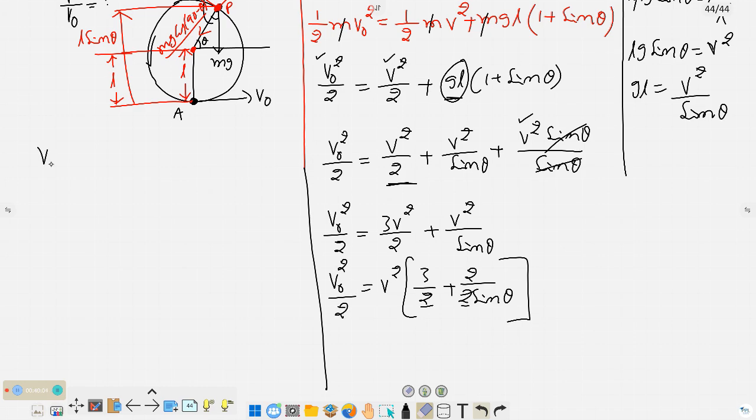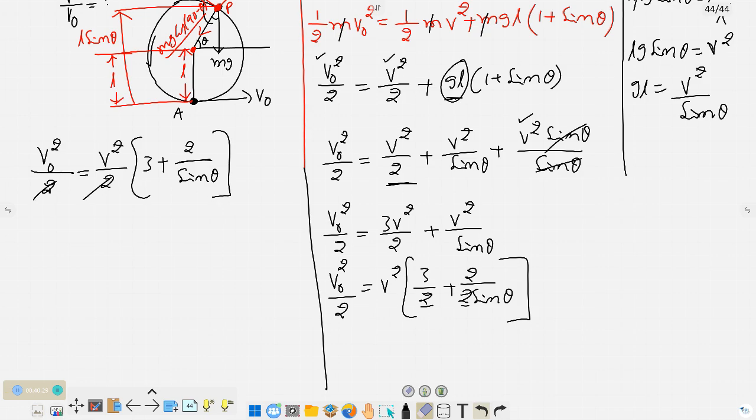I can write V naught square by 2 is equal to V square by 2, taking 2 common, and in the bracket I can write 3 plus, sorry, not 1, that is 2 by, the denominator we have 2, so that is 2 by sine theta. Remaining we have taken common already, right? So in this case, this 2 gets cancelled.